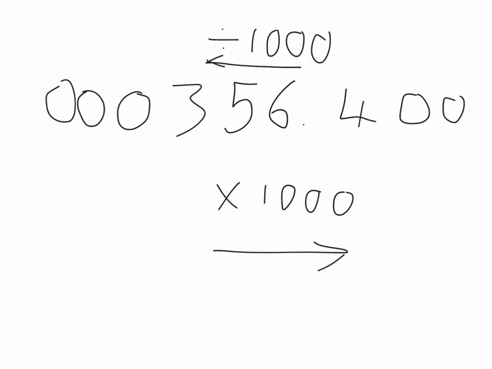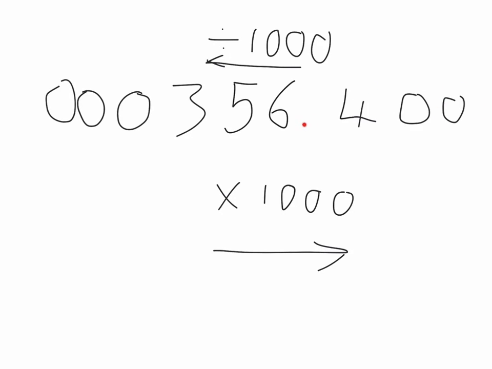Okay, so let's take a look. We've got our decimal point, which is here, and if I multiply by 1,000, how many decimal places is it going to move? It's going to move 3 decimal places. What direction is it going to move? Well, because we're multiplying, we're making the number larger, so that decimal point is going to have to go that way.